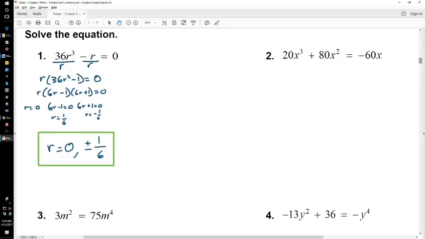Now I'm not so much worried about whether you list out this section, because many of you can look at this and go, oh, I moved the 1 divided by 6, that automatically is negative 1/6.